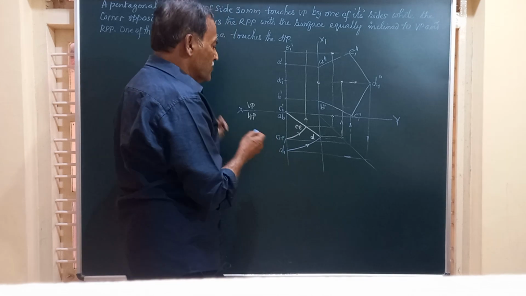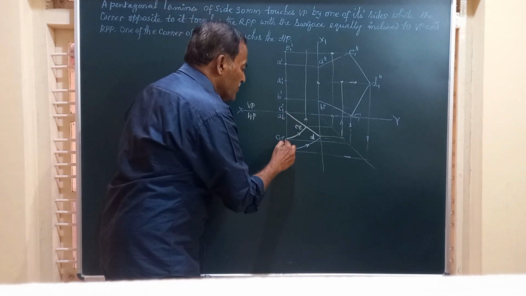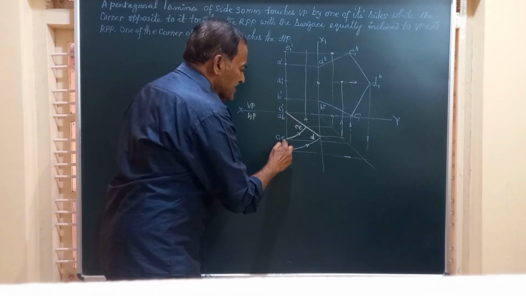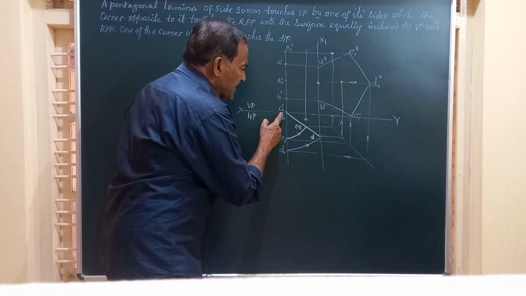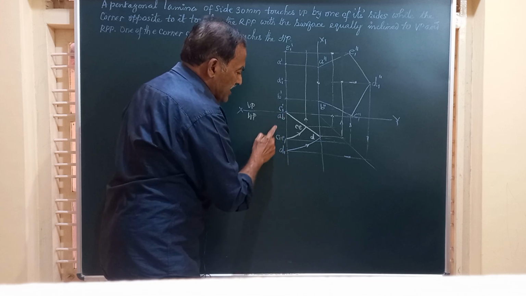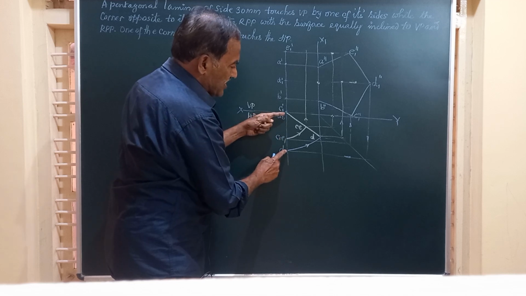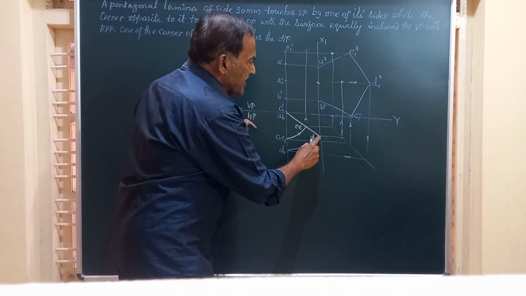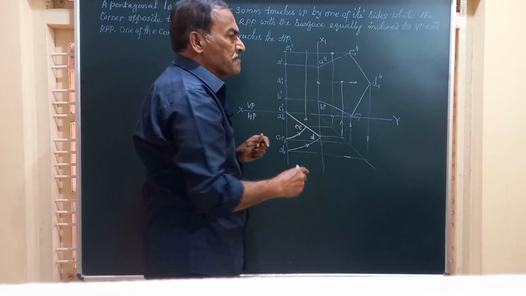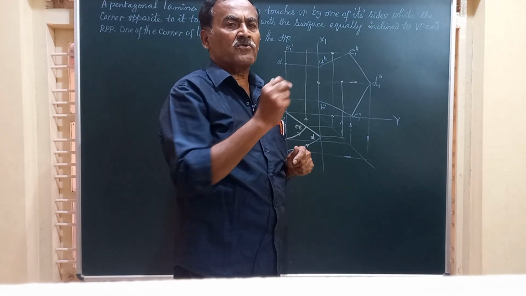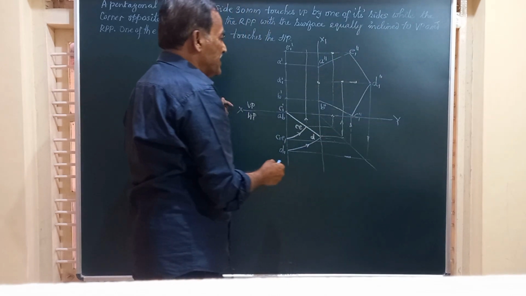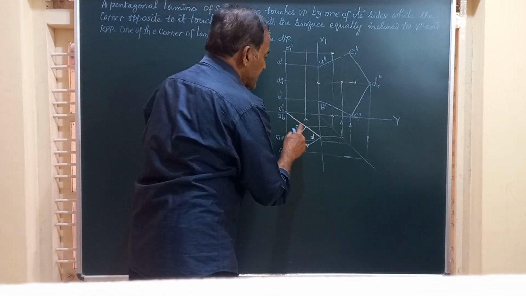Friends, what do we do? This is the top view you have got, A, B, C, D, E. Now taking center AB and radius equal to this distance from here to here, the length of the top view, draw an arc to meet x1, y1, the line of intersection of VP and RPP, at this point.